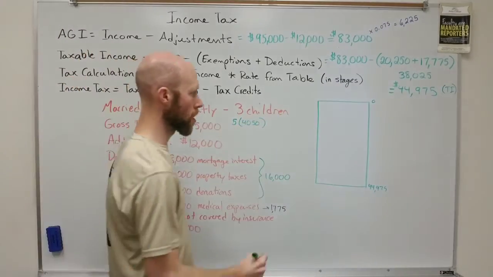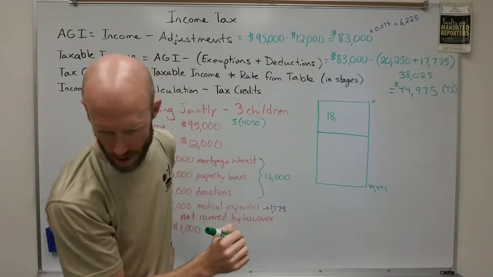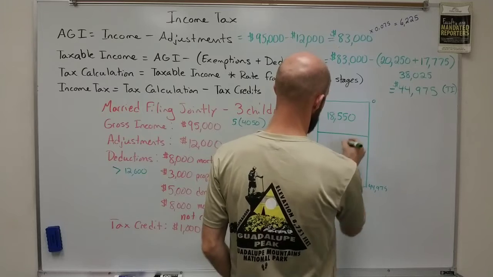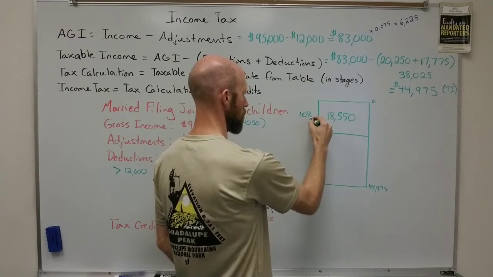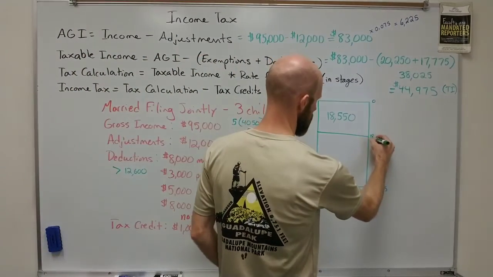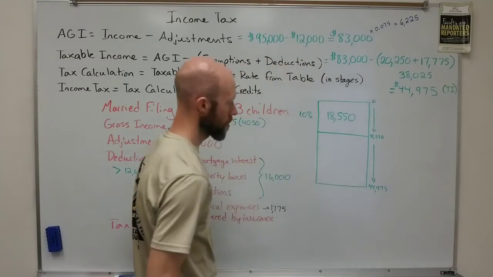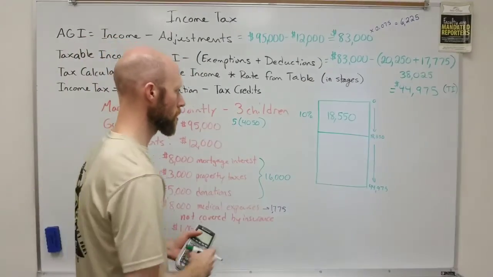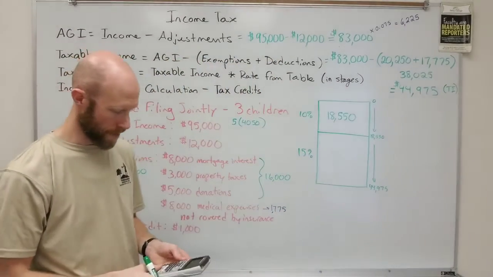The first chunk, which is the 18,550 off the table, gets applied to a 10% income tax. The remainder, which we find by subtracting those two values, gets a 15% income tax applied to it.